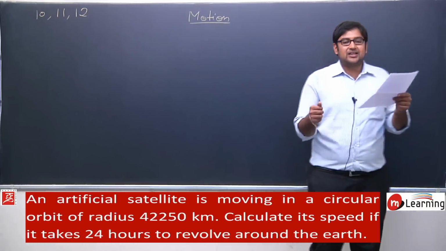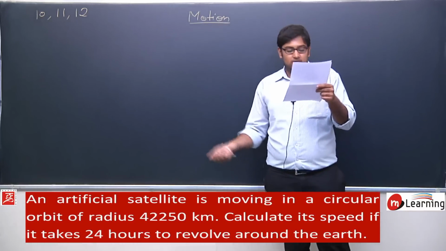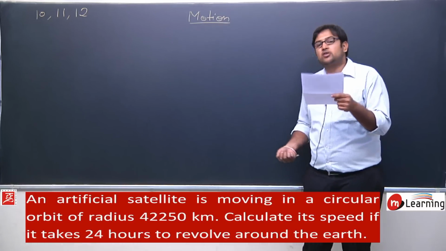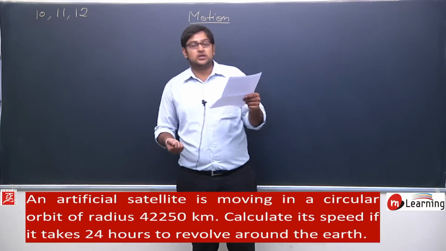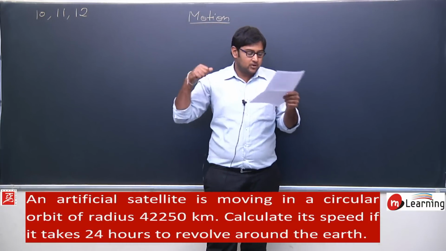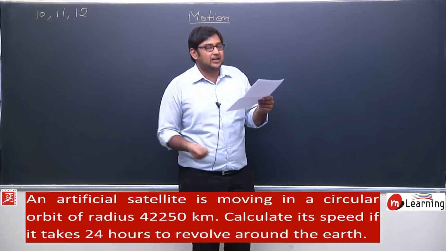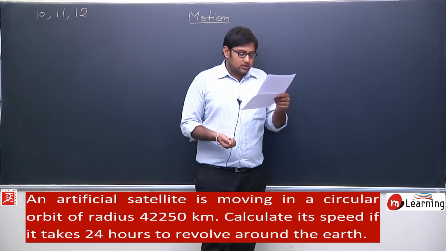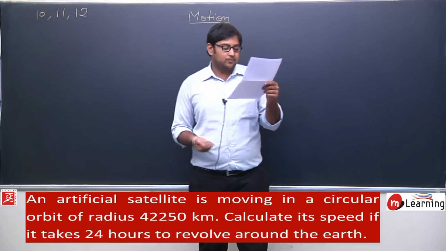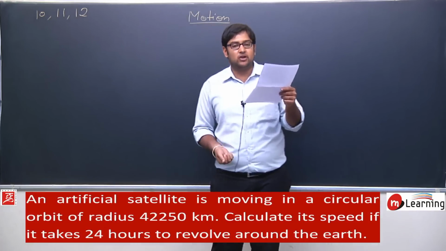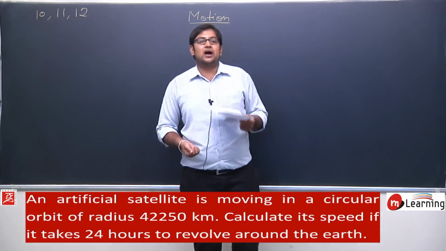It says that there is a satellite which is revolving around the earth in a radius of 42,250 kilometers. It's the radius of the orbit in which the satellite is revolving. What is the speed of the satellite if it completes one revolution in 24 hours?